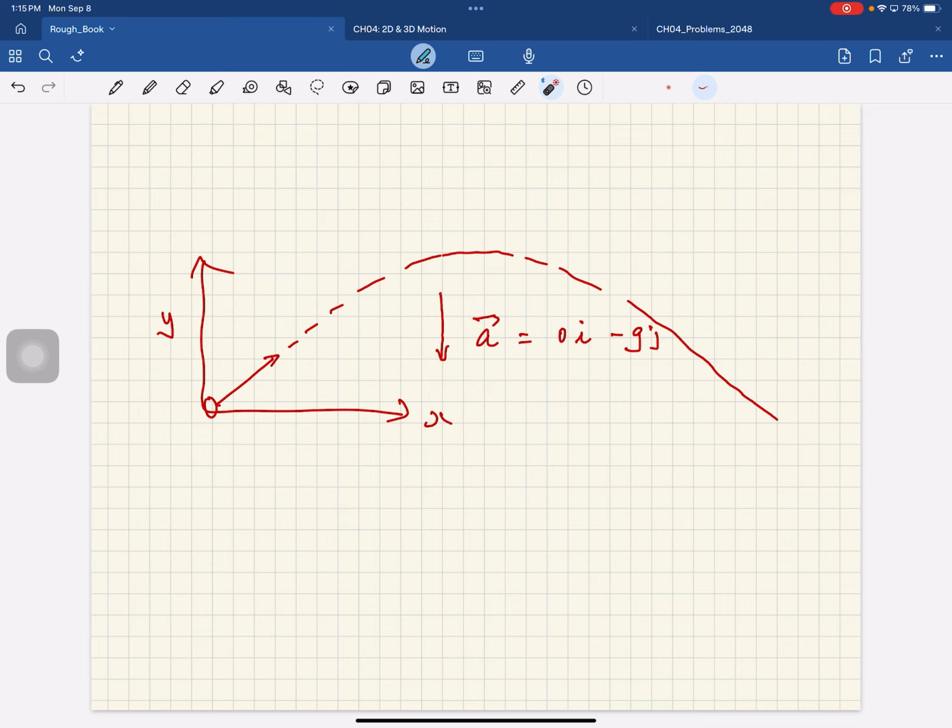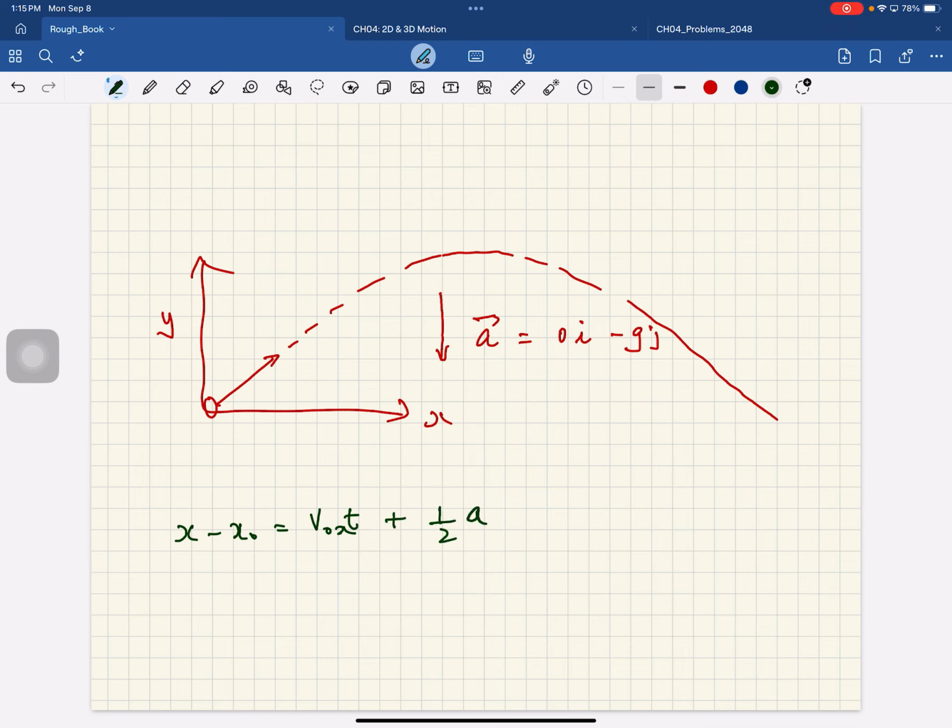All right, let me remind you of kinematic equations that you saw before. So x minus x naught equal to v naught x t plus 1/2 ax t squared. These are equations that you saw last chapter.